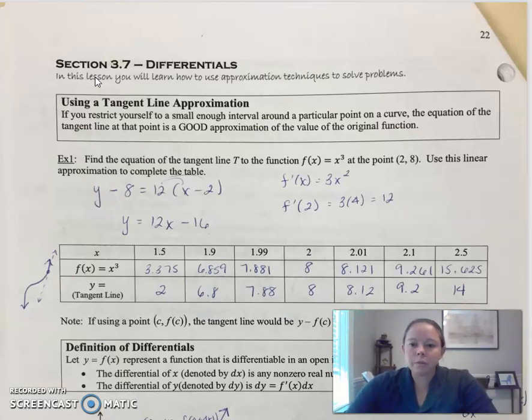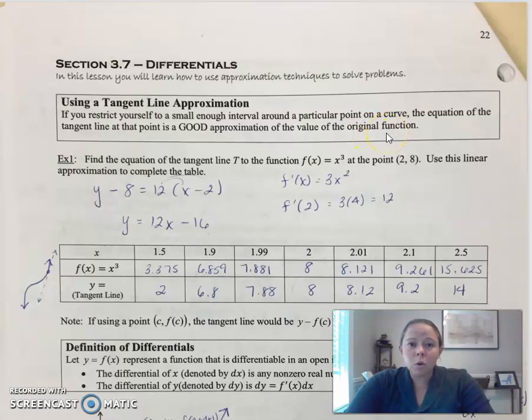Okay, so using a tangent line approximation, you might also hear me call it a linear approximation. That's what we call it in Calc Survey. If you restrict yourself to a small enough interval around a particular point on a curve, the equation of the tangent line at that point is a good approximation of the value of the original function.